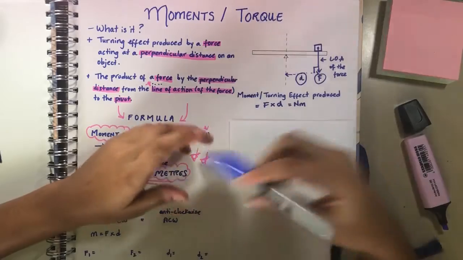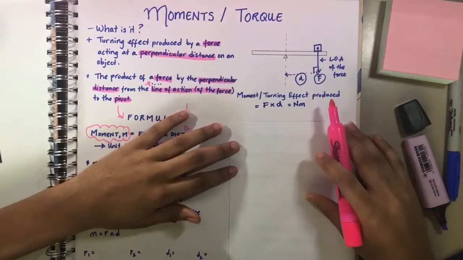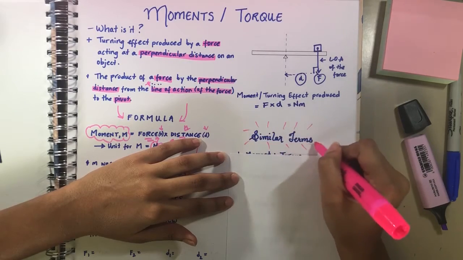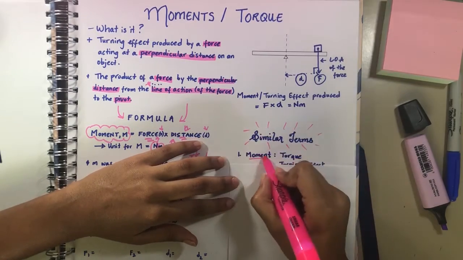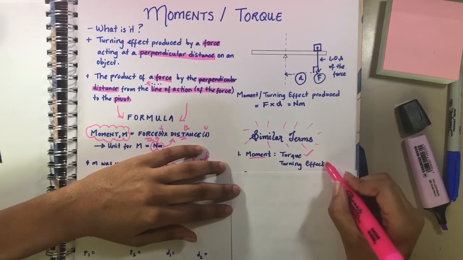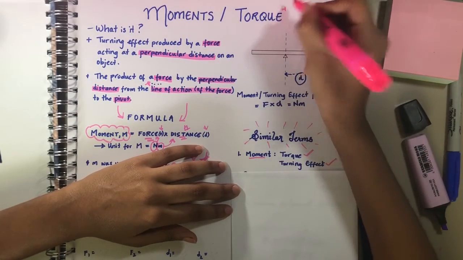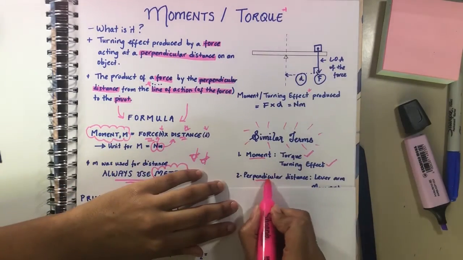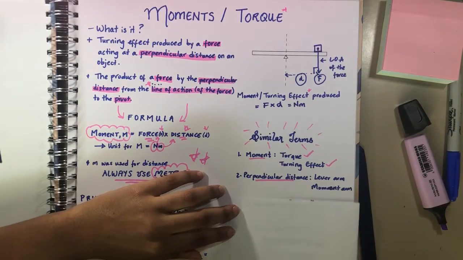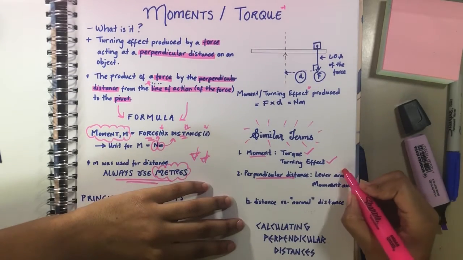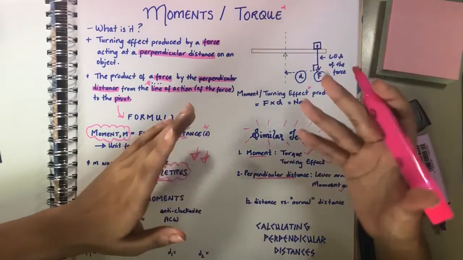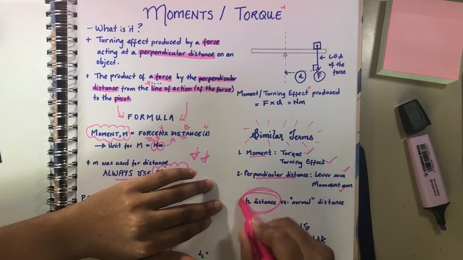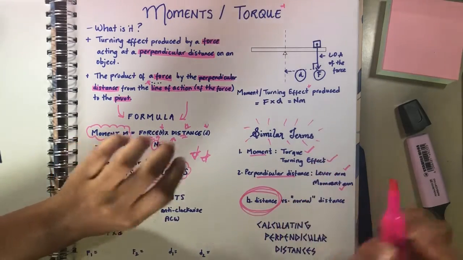So in this topic you have a couple similar terms that we use. A few of them are, for moment, you would see torque, you would see turning effect. And for perpendicular distance, you would see either lever arm or moment arm. Now this is basically to differentiate between perpendicular distance, which is what we want, and normal distance, right?